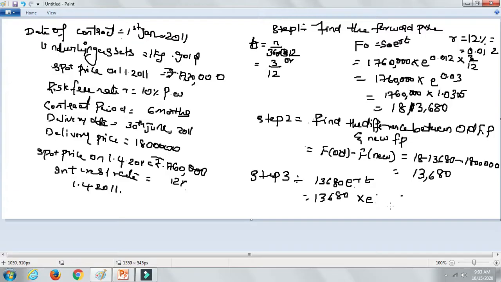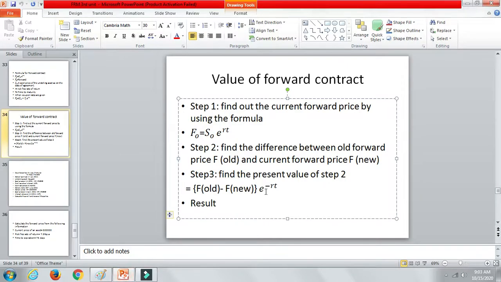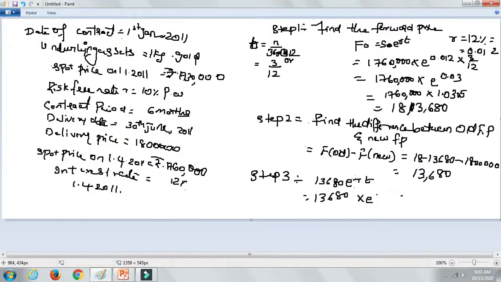Check out the formula also, what it is. I have written, see, e minus rt. So here also you are going to take minus rt. I have not written that. Minus rt, so minus 0.12, because the percentage is 12.